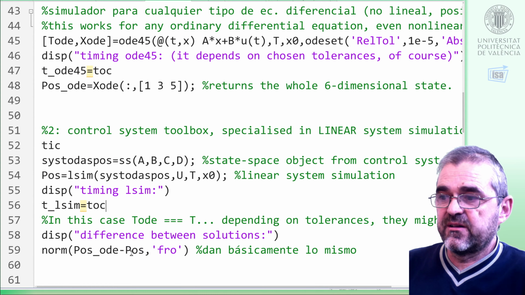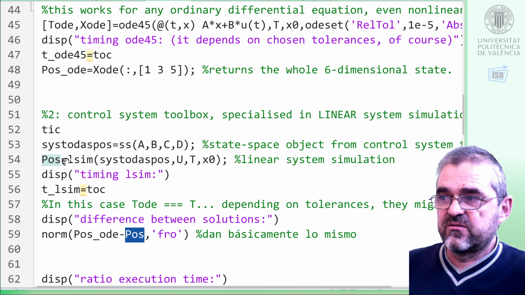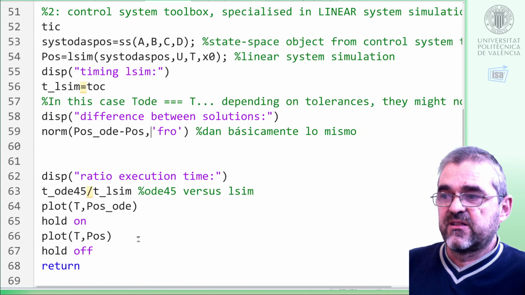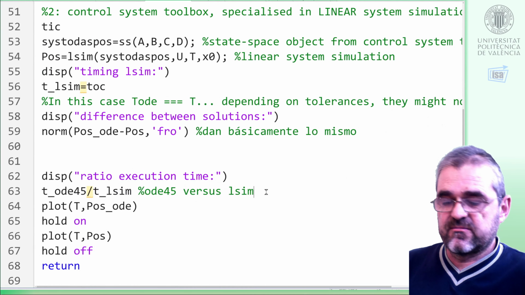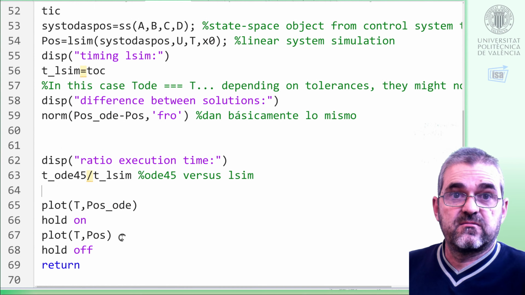I can also compare the solutions, the difference between pos ode and position of lsim. And I will also display the ratio of the execution times. And I will plot the two simulations, and I will see that they are coincident.